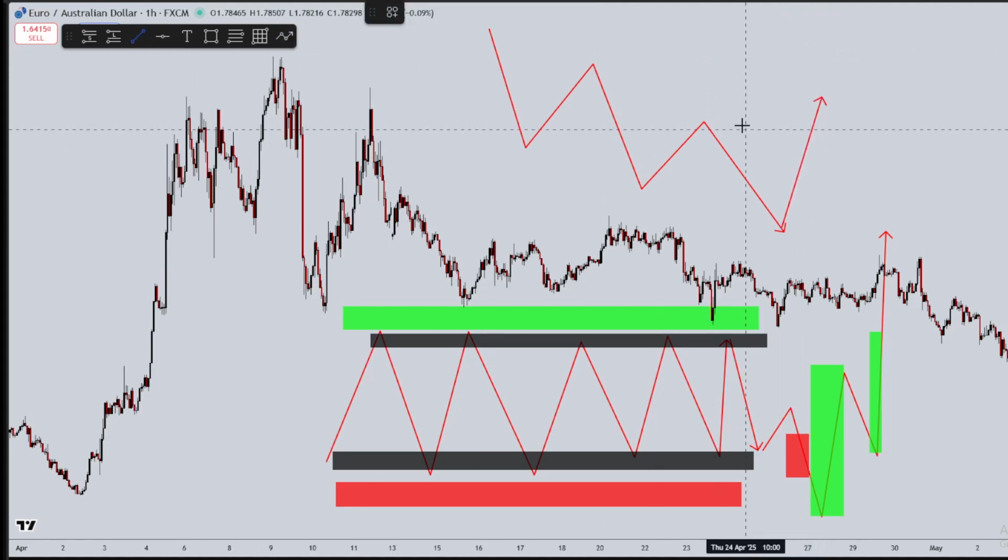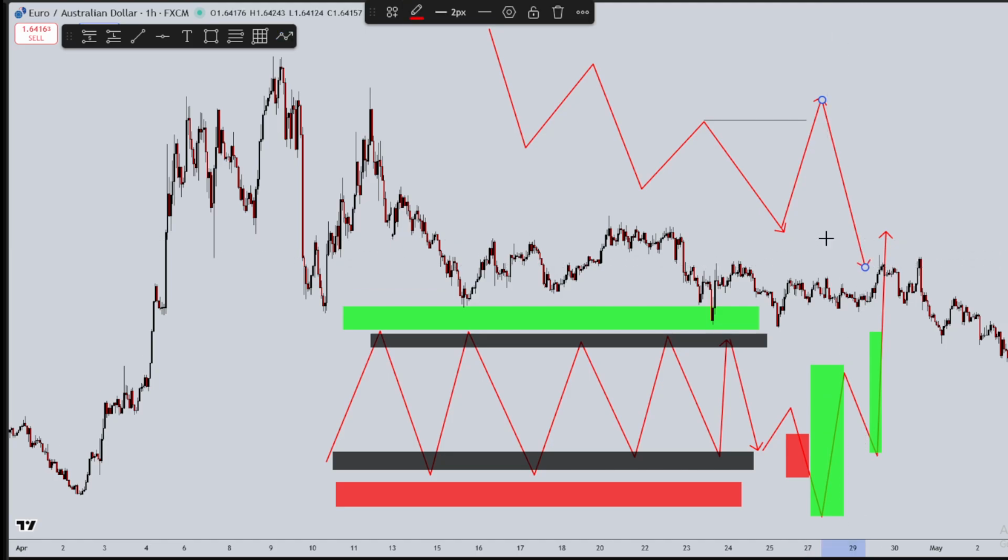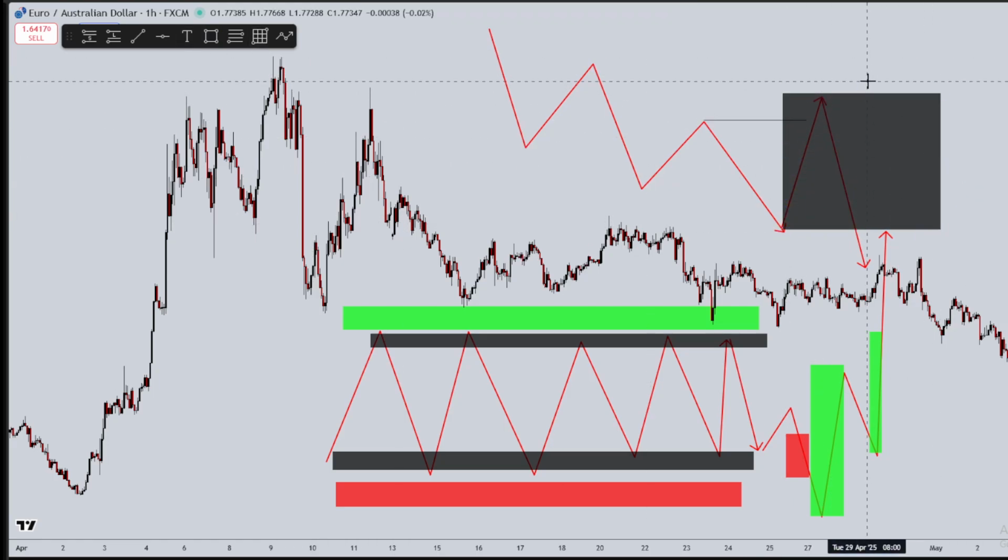Here we sweep this low, or this high, sorry. I keep getting lows and highs mixed up, but just follow the chart. And then we carry on down, and this is just to fund that extra move down. So to me, this whole zone should be way more protected than standard lows and highs.